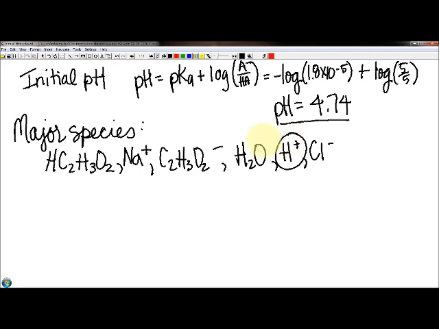So the water is no longer important. The chloride, not really important. The sodium, not really important. We're going to do the backwards equation for dissociation, turning some of that hydrogen proton back into the acid. So we have the proton plus our acetate, because those are floating around in there, and turn it back into the acetic acid.